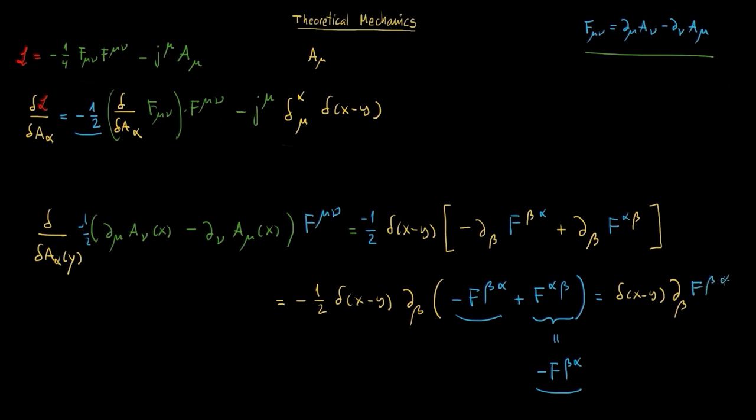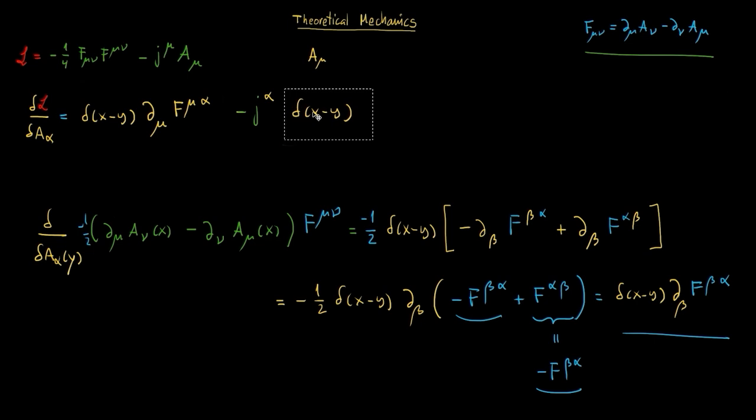beta alpha. So if we substitute all these things for this, we will have delta x minus y partial, instead of beta, we can write mu if you want, F mu alpha. By the way, due to the fact that we have here a delta alpha mu, this forces this index to be alpha, and now we can factor out delta.